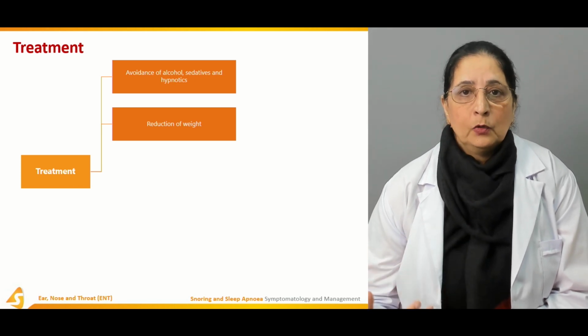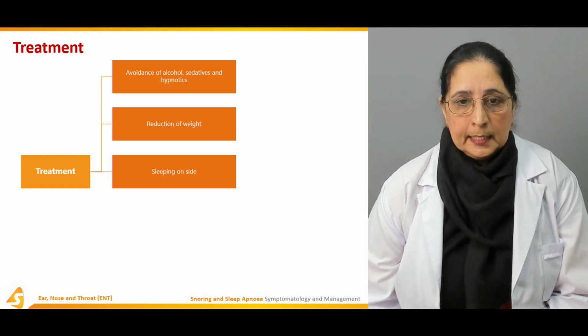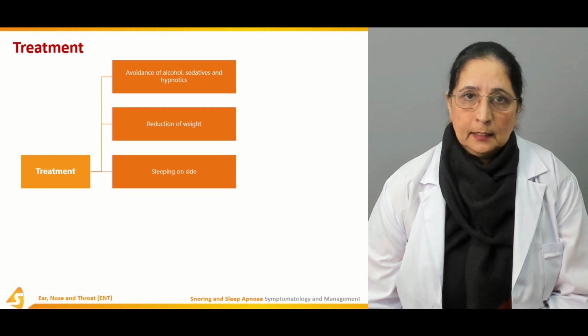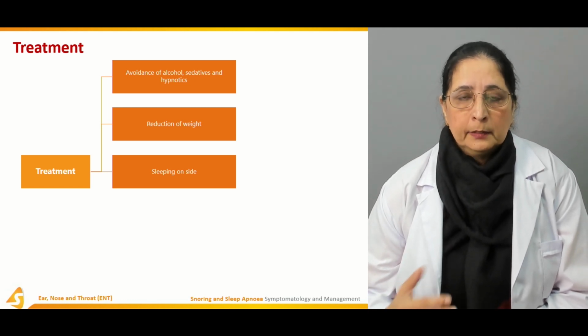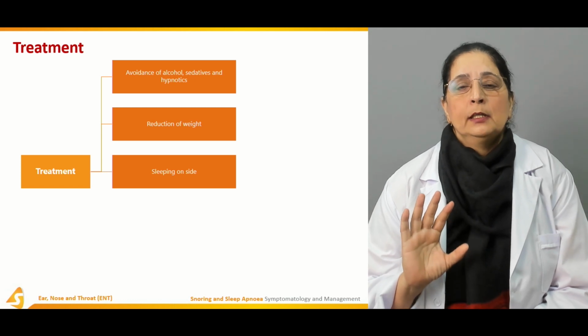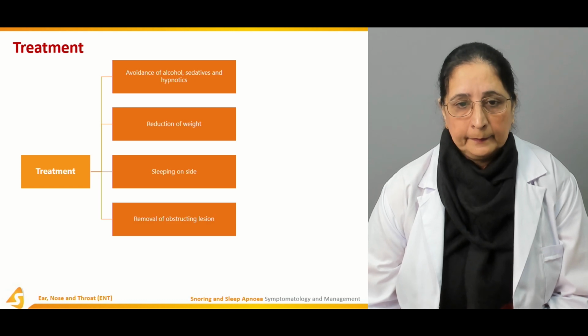Overweight people snore more compared to thin people. Sleeping on the side is another helpful method. People who sleep flat on their backs snore more than those sleeping on their side.